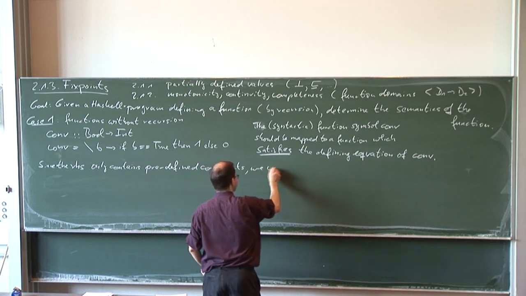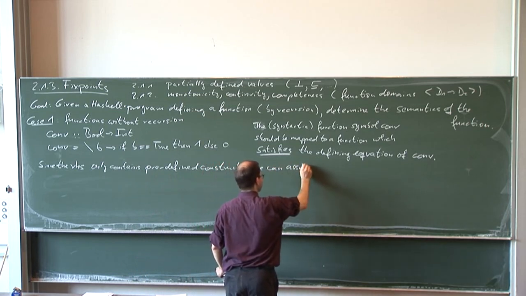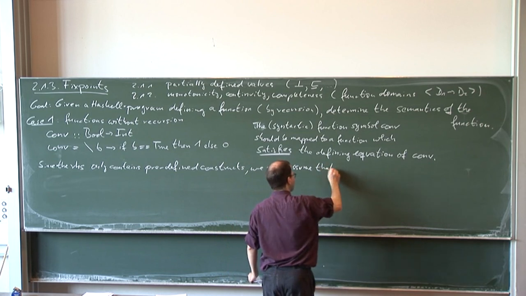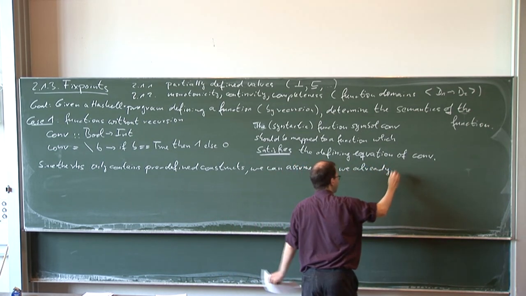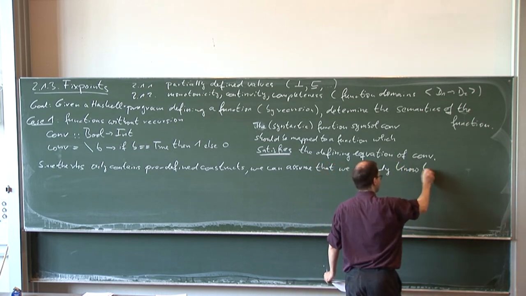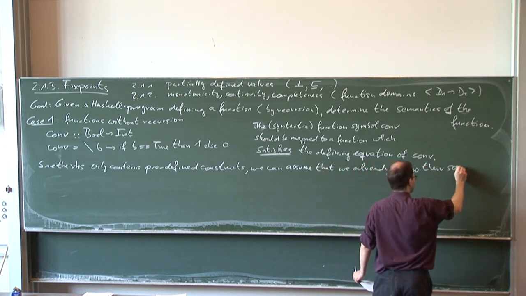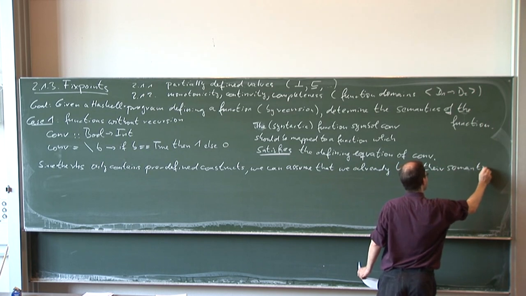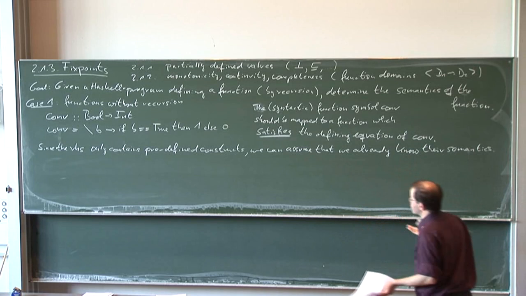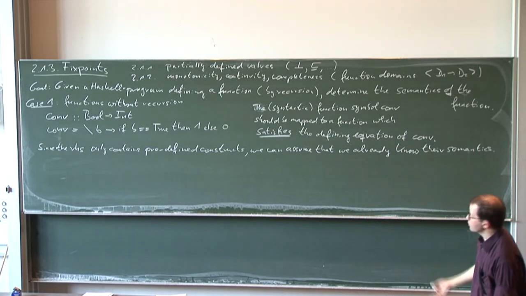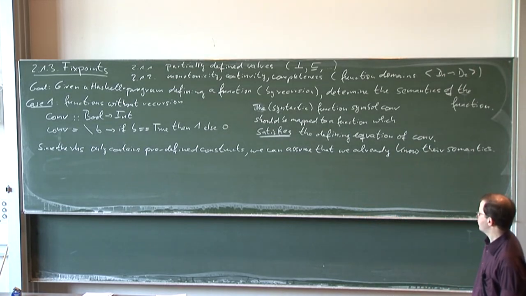So here we can assume that we already know their meaning, know their semantics. And the goal is, from this semantics, we should be able to deduce the semantics of user-defined functions.